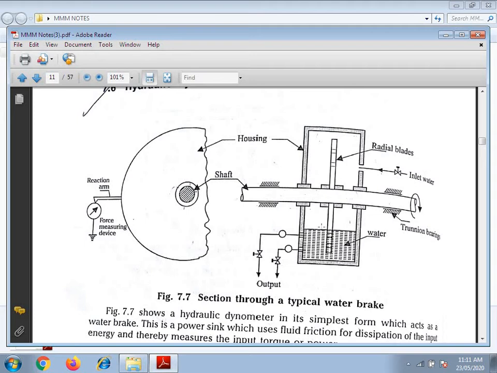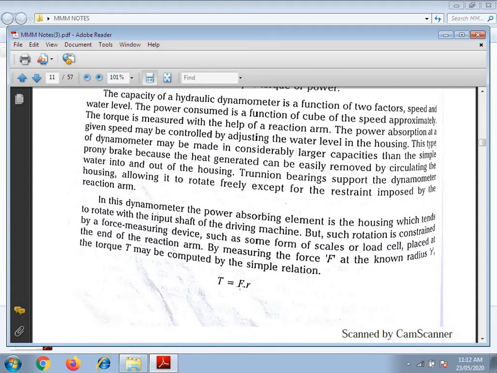By measuring the force F at the known radius R, the torque T may be computed by a simple equation: T equals F into R.